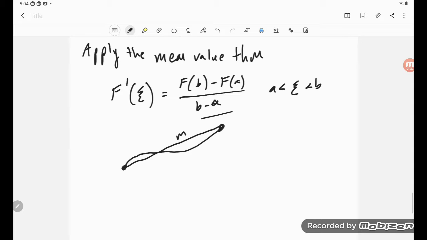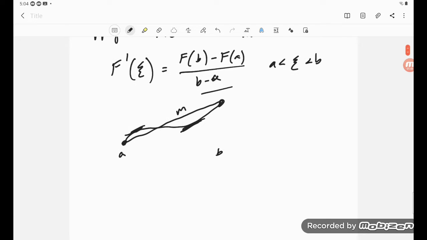And it says that in at least one place between a and b, so this is at a, that's at b, the derivative will be parallel to that slope joining the lines. And visually, it looks like there might be two spots where that happens, but there's always at least one. Okay, so that's the mean value theorem.